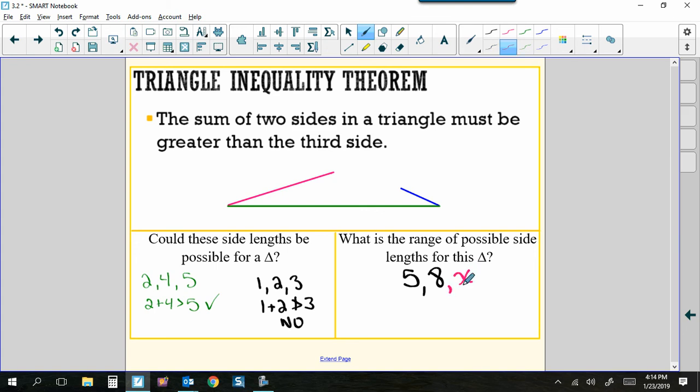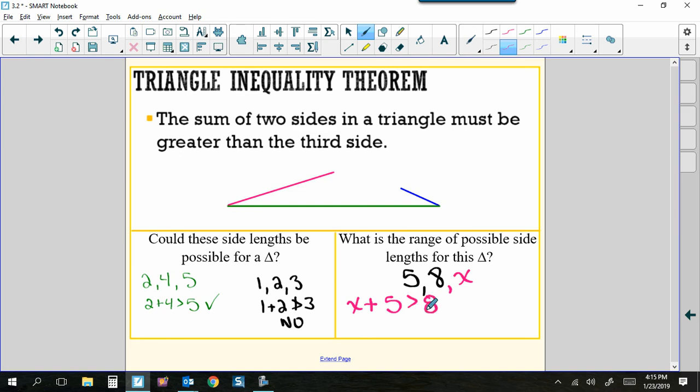And you're going to basically make 2 inequalities that you're going to be solving. So if x is the smallest side, what would I add it to? Remember, you're always adding the 2 smaller ones together. So definitely 5, because 5 is smaller than 8. So if x is the smallest, 5 is the next smallest, it needs to be greater than 8.